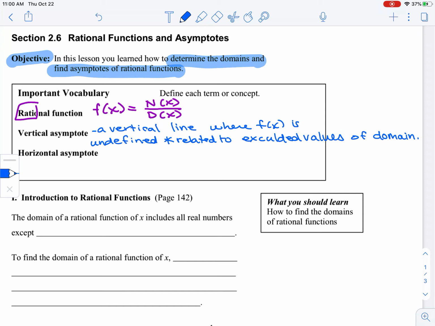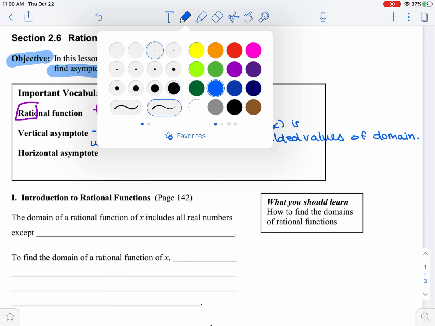So basically, wherever the f of x is undefined, which usually means we're looking at the values of the denominator, because we can't have an undefined denominator at equals 0. So that's where we're going to find that.